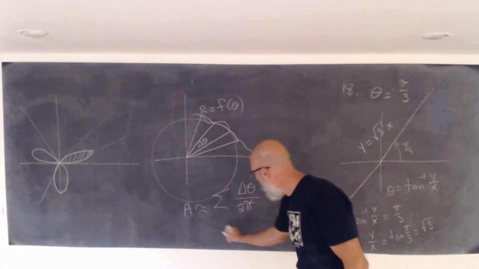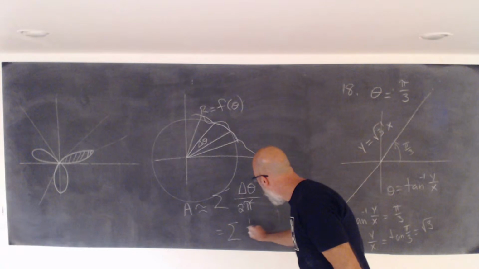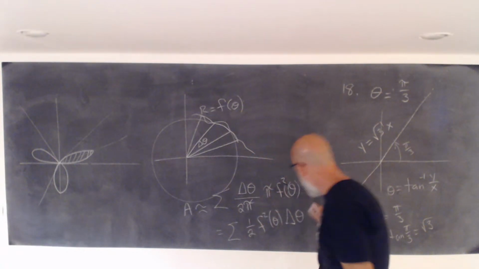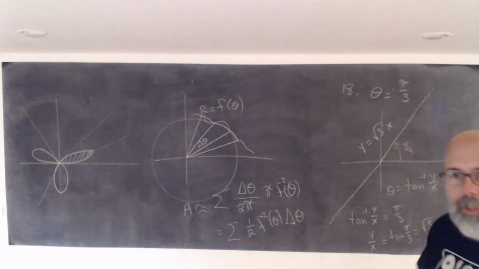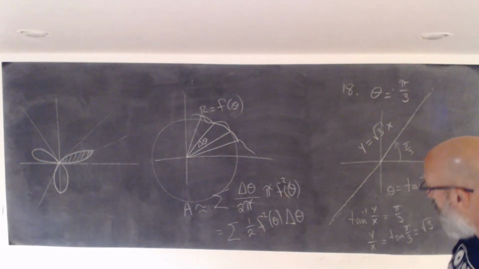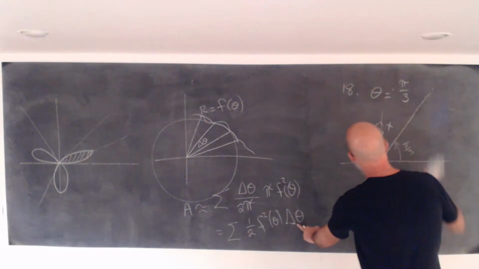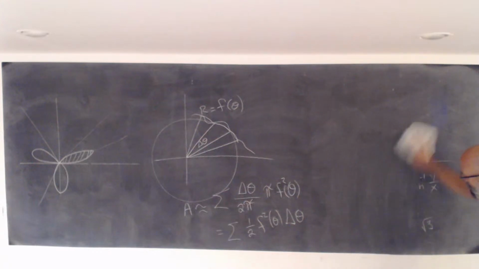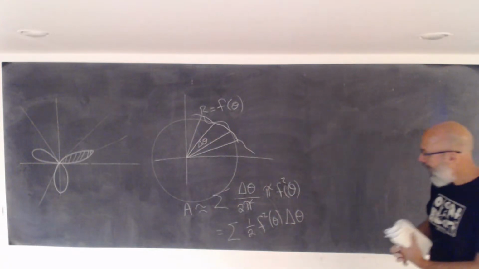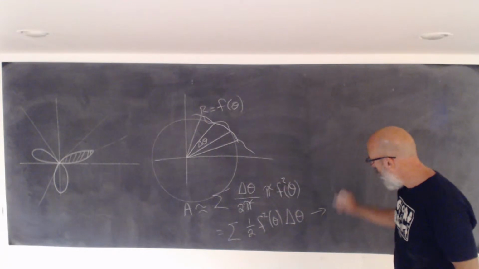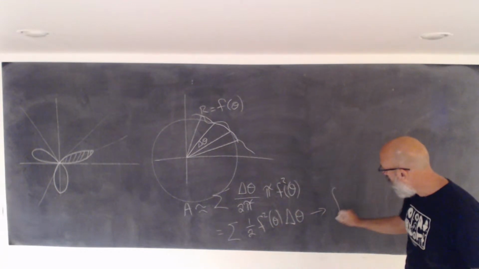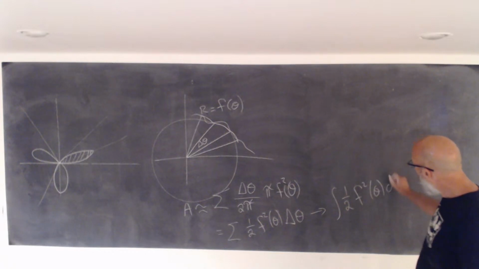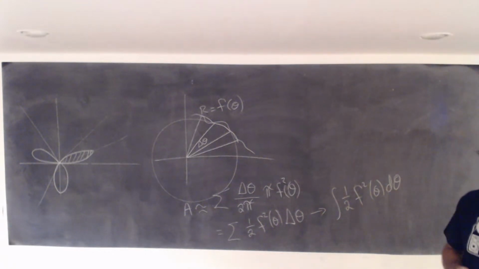The pi's cancel out. 1/2 f squared delta theta. And you recognize this as a Riemann sum. As the delta theta gets smaller and smaller, you get a better approximation. And this converges to, the sum becomes an integral, 1/2 f squared d theta.